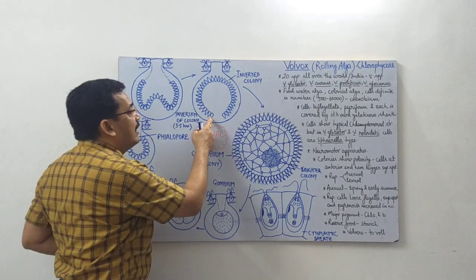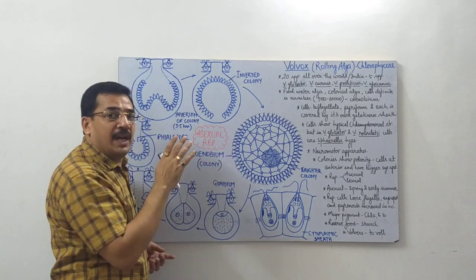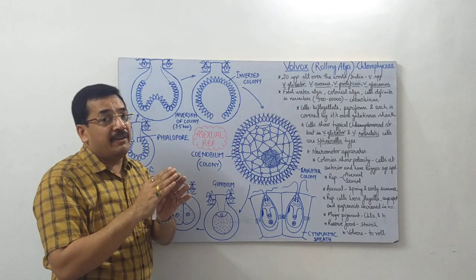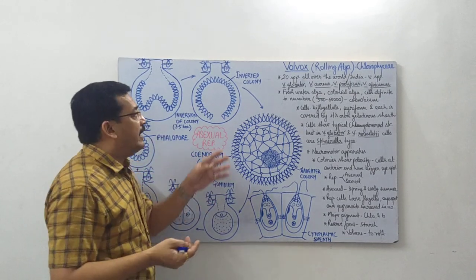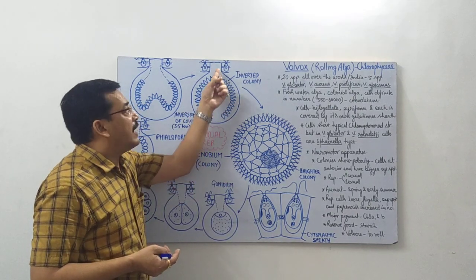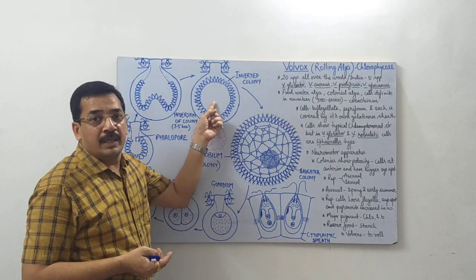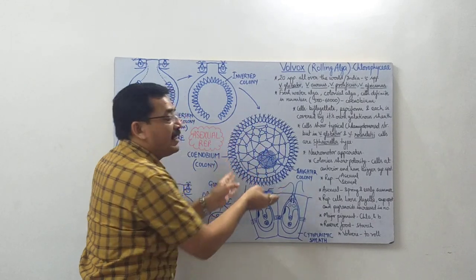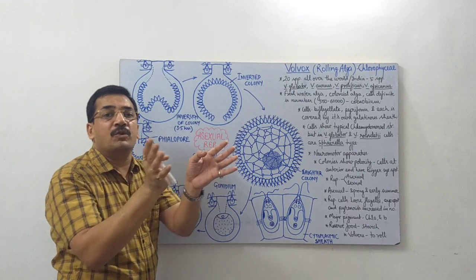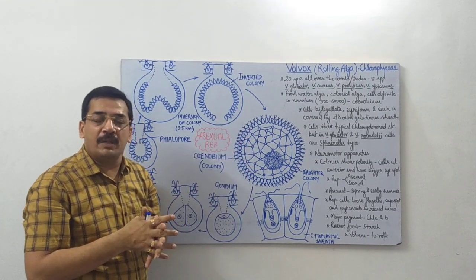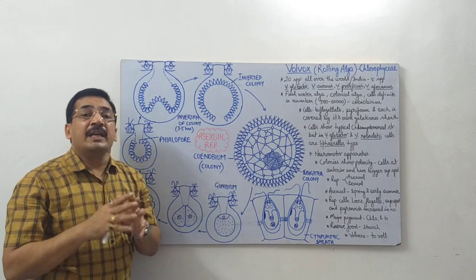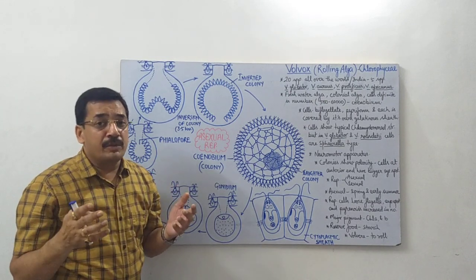After inversion, the cells produce flagella, and each cell produces its own gelatinous envelope, or we can say that a daughter coenobium is formed inside each gonidium. When this parent colony bursts, the daughter coenobia are released into the water body, and each daughter coenobium now behaves like a new colony.